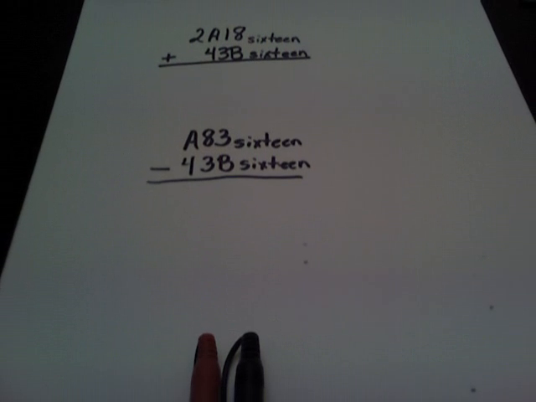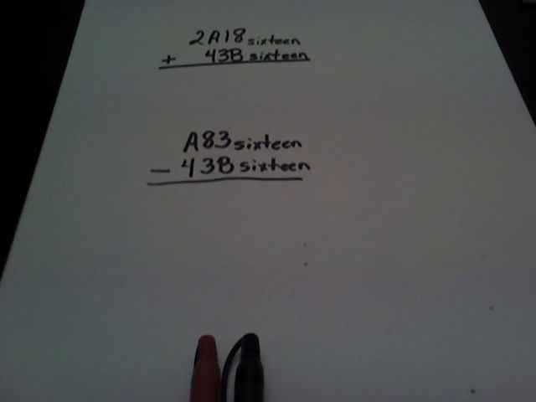We need to have a symbol not only for what we normally call 11, 12, 13, 14, and 15, but we need to have a symbol for the quantity 10. And conventionally, we use the letters of the alphabet for that.